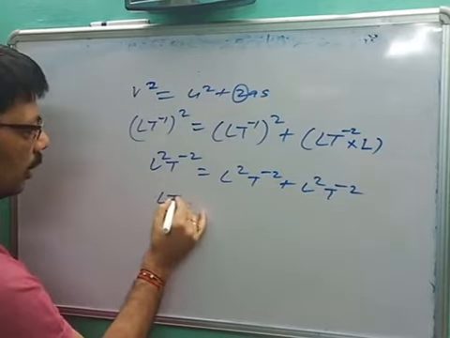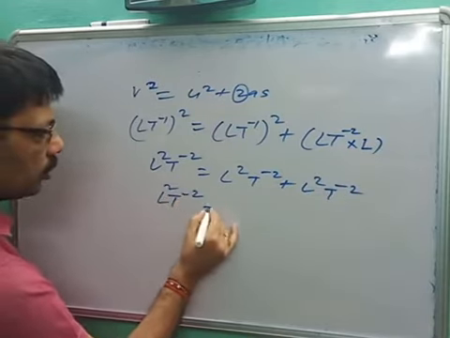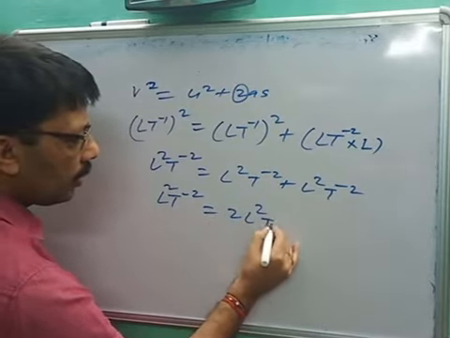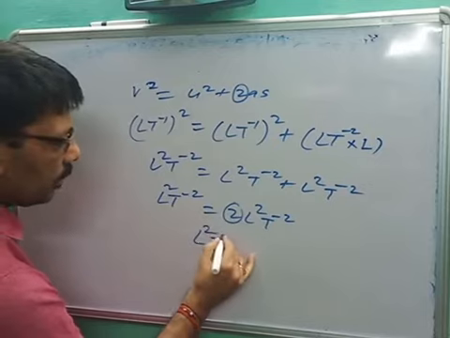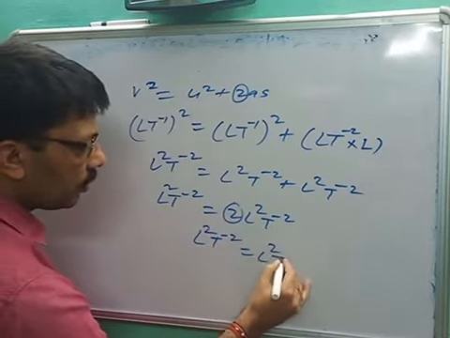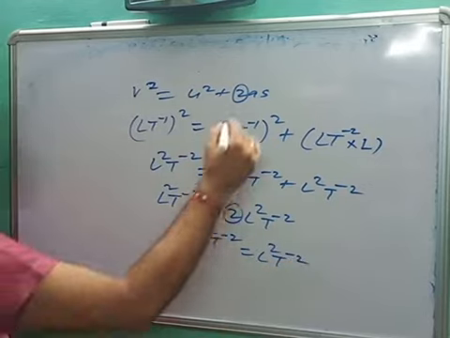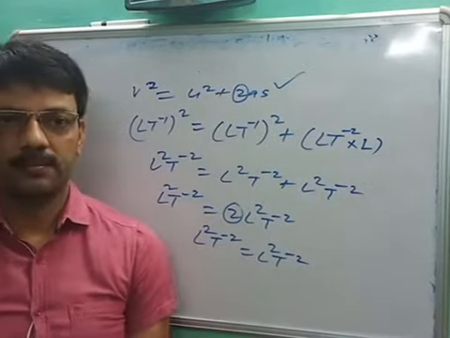We will get L square T power minus 2 is equal to 2 L square T power minus 2. No doubt 2 is not included. Again L square T power minus 2 is equal to L square T power minus 2. Hence the given formula was correct.